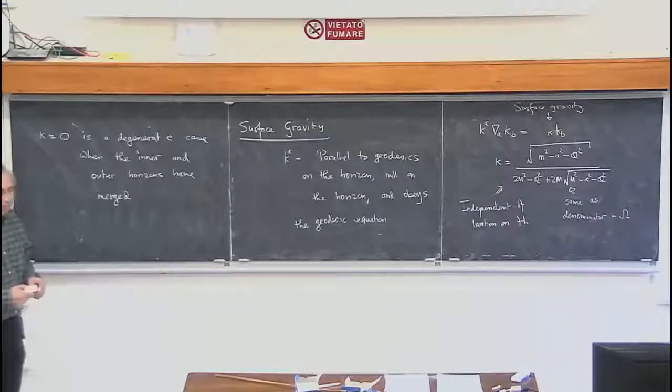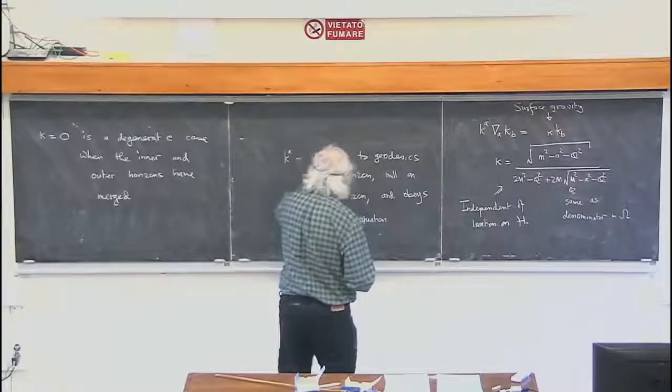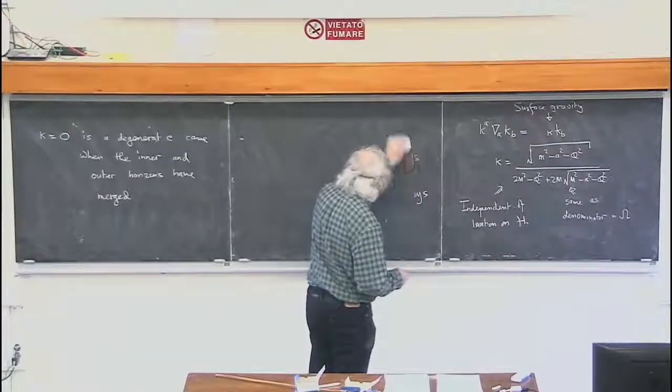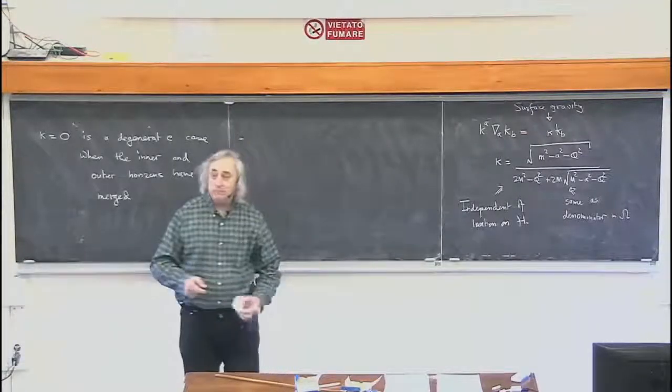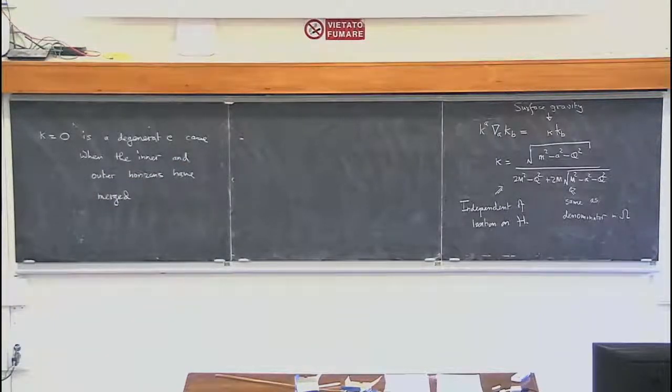However, there's a catch, and the catch is something that really needs to be pointed out. It's just called surface gravity because it's always been called surface gravity. You want to know what it means physically? But wait and see.